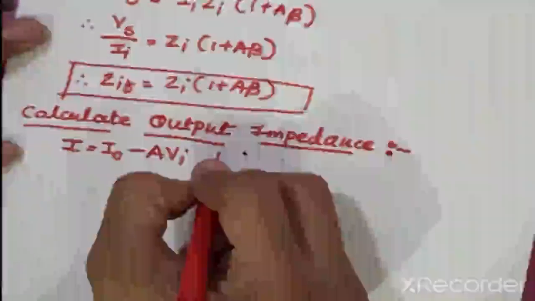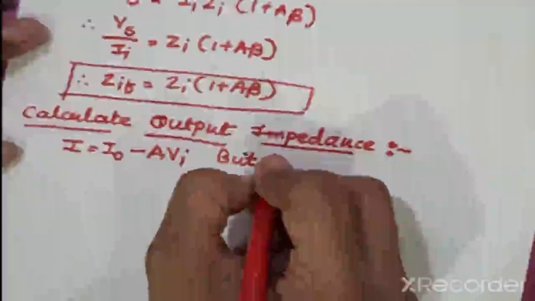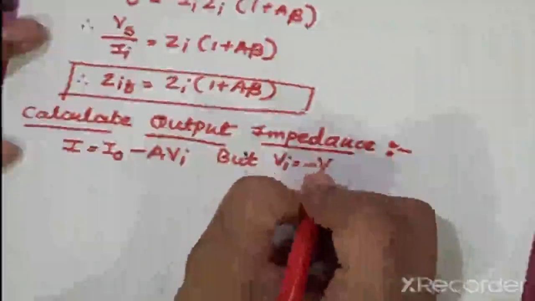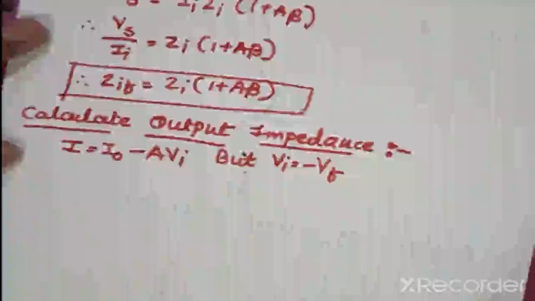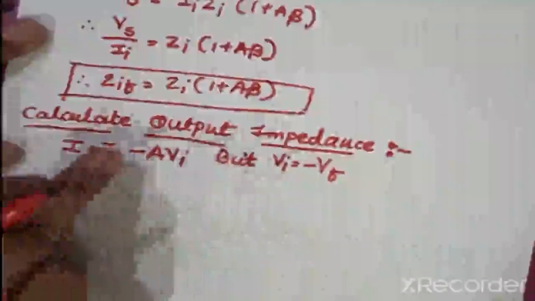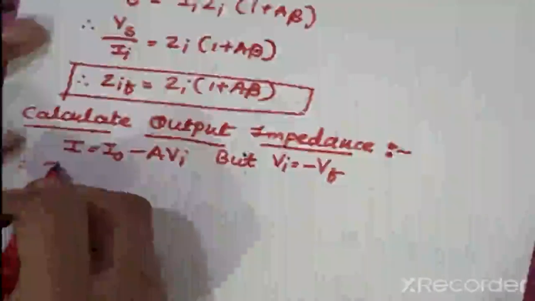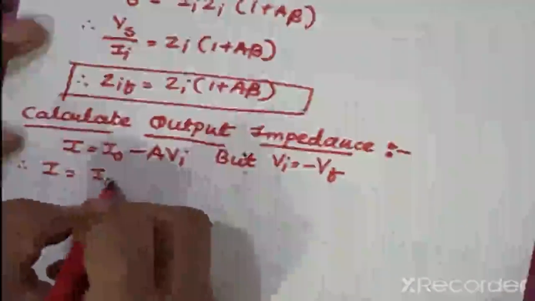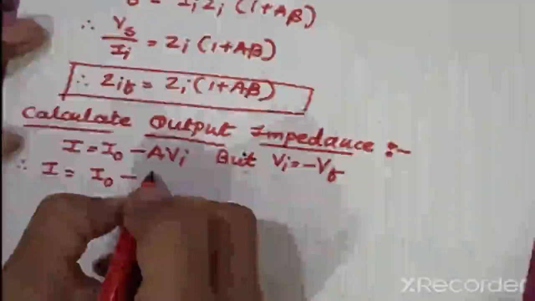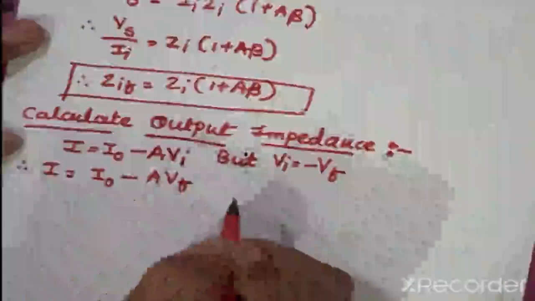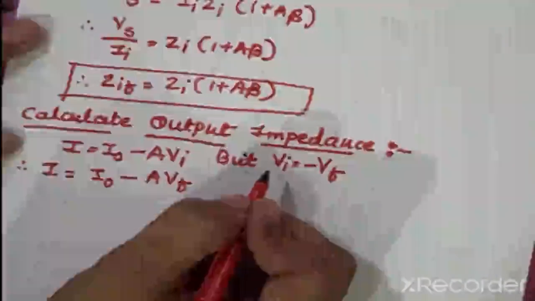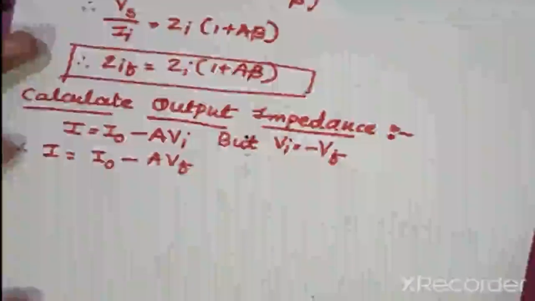But as we know, Vi is equal to minus Vf. Putting this value of Vi in the equation, we get I equal to Io minus A Vf.